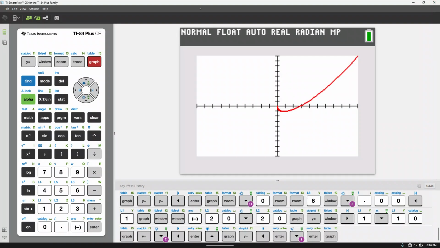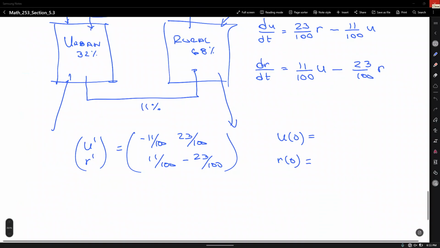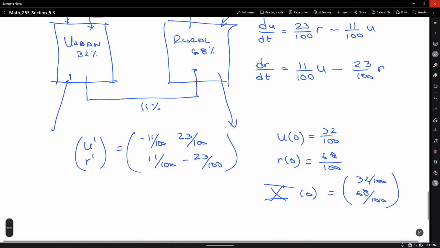So U of 0 equals 32 over 100 and R of 0 equals 68 over 100. That is, as a vector, x of 0 equals 32 over 100, 68 over 100. That's something you're going to do for homework as well, something similar.